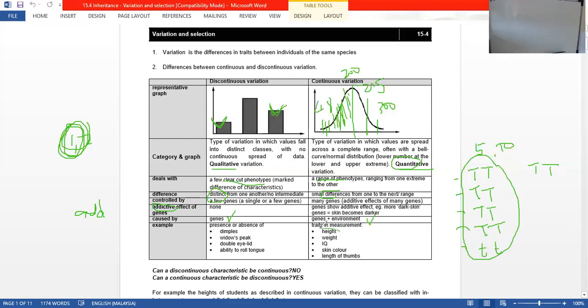Take a look at height. If you are born very tall, but I don't give you enough food to eat, I don't allow you to exercise, I just keep you in a cage, every day just feed you rice with no calcium, no protein, nothing, you end up quite short.